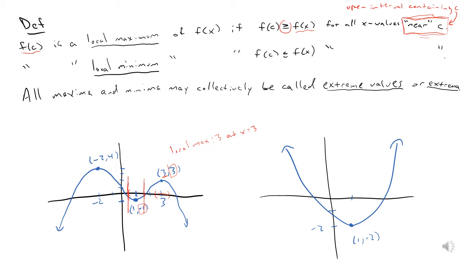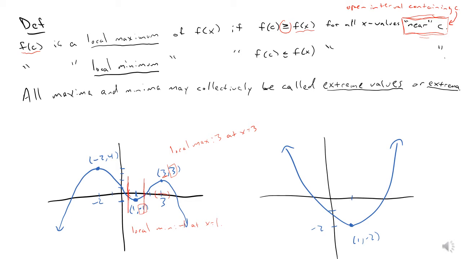So that would be a local min. So we have a local min of -1, and that local min happens when x is 1. Alright, so that's local max and local min.